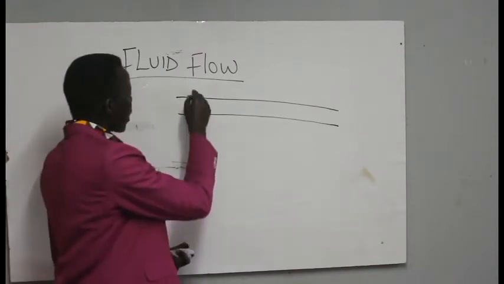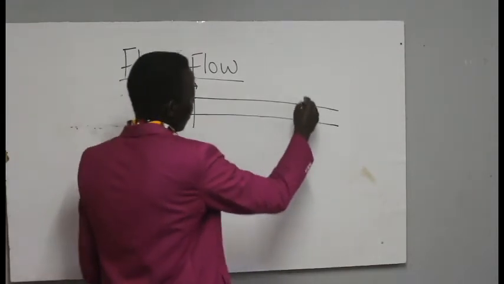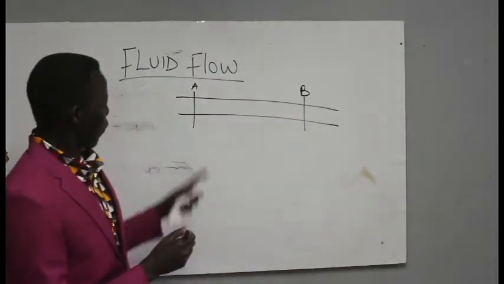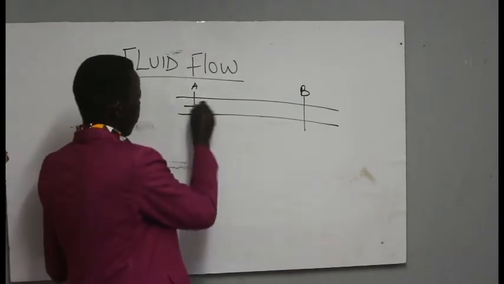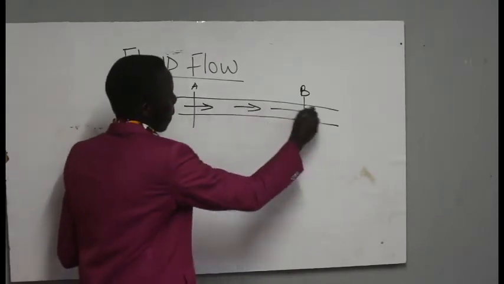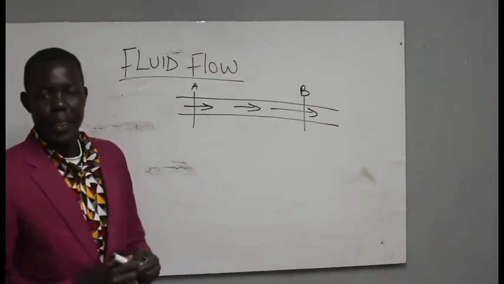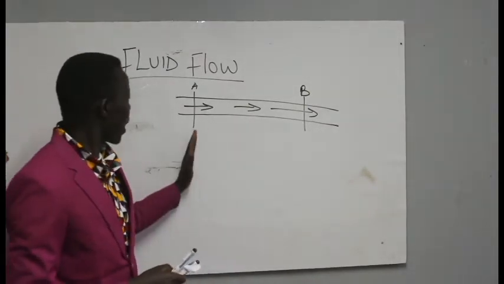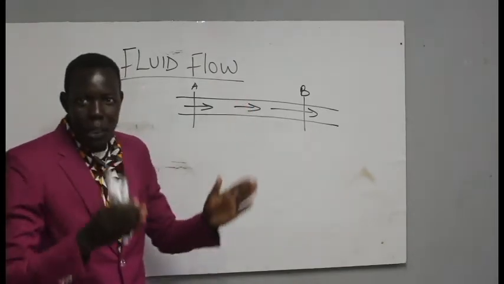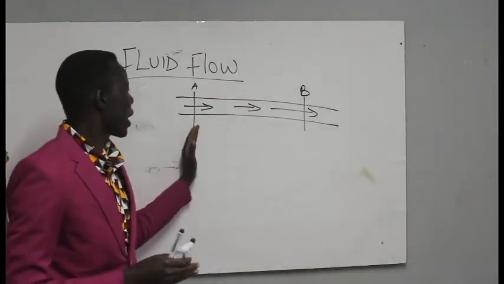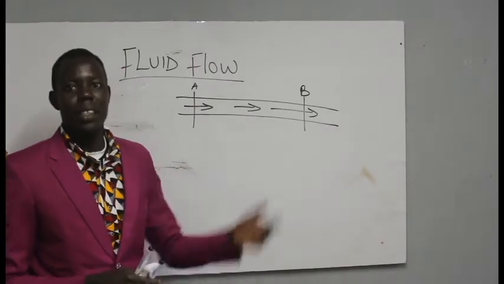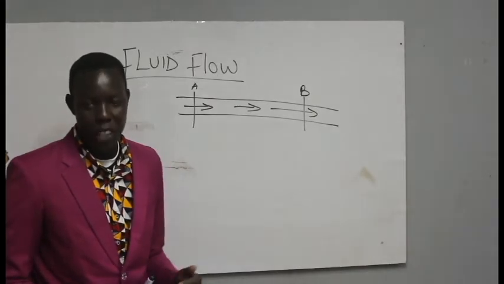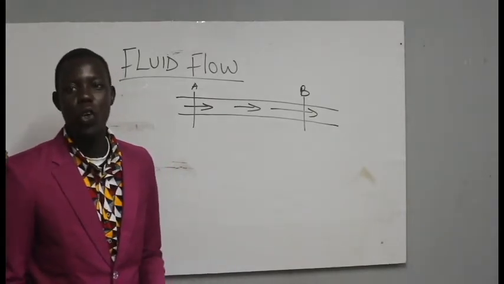Now, from point A to point B, if the liquid is flowing in this given direction, then if a liquid flows from point A to B, we can get the mass of that liquid that flows from point A to B. Then we get the time that it takes that volume of liquid to flow from point A to B. Then it's going to give us what we call volume flux.